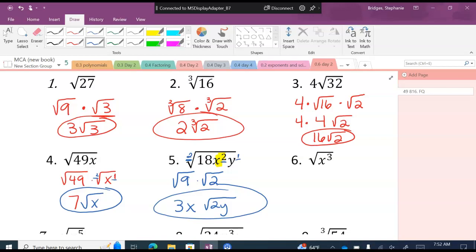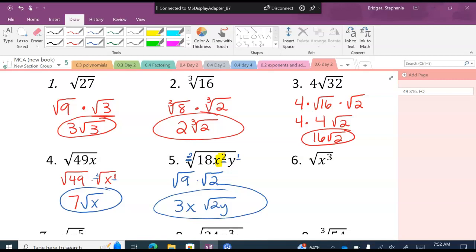And then this one doesn't divide in, so it would stay under the radical. Everything that's not under the radical, I multiply in the front. Everything that's under the radical, I multiply and keep it under the radical. That's kind of what we did. We just didn't write it down separately like that. If it helps you to split it out like that, you can do that. Just make sure everything that's not under the radical anymore is multiplied at the front. Everything that is under the radical is multiplied and stays under the radical.